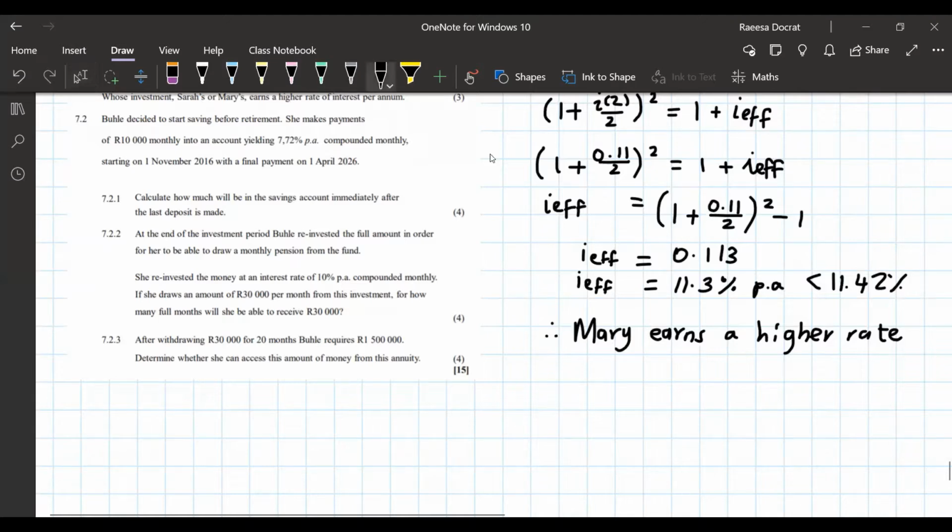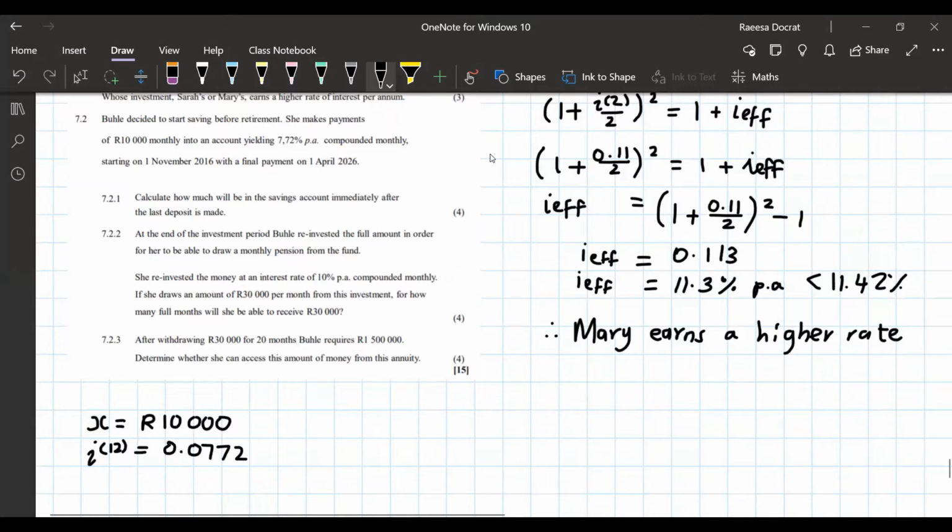So let us first write out what we were given. We have that the monthly payment, x, is 10,000 Rand. We have an interest rate, which is a nominal interest rate, so it's i12, which is 0.0772.